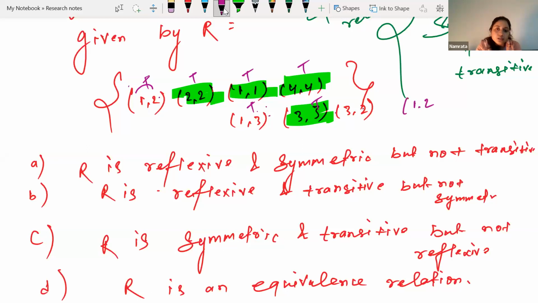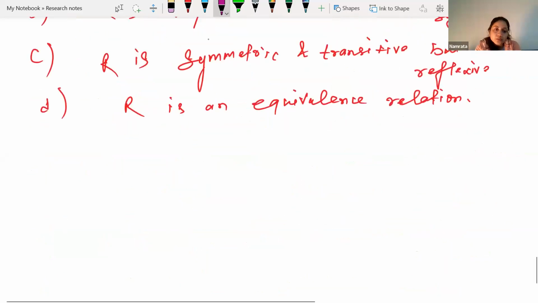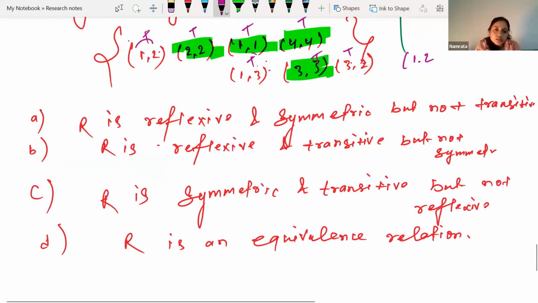Yeah, it's there. That is transitive. 3 is going to 2 and 2 is going to another number? No. So yes, it is transitive. So R is reflexive, symmetric? No. Option B is the correct option, right? Everyone is getting the same?